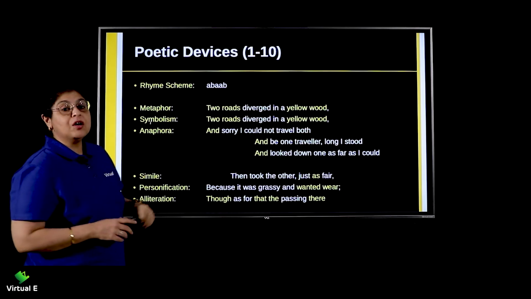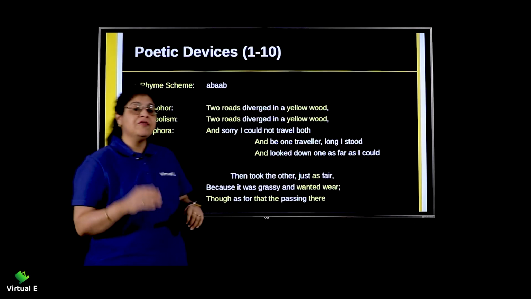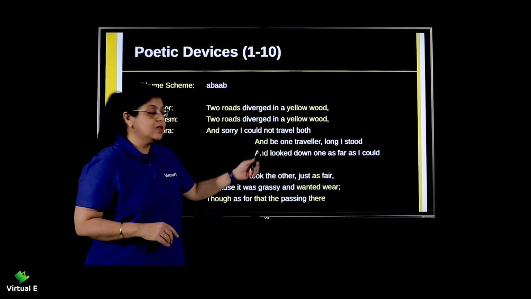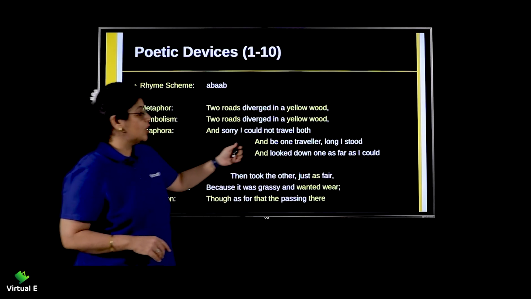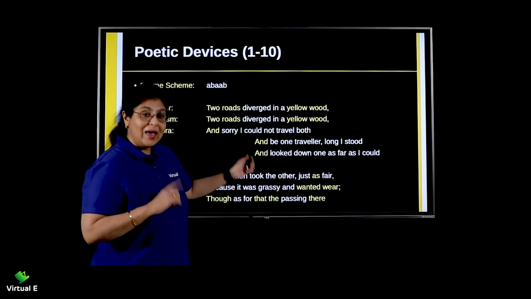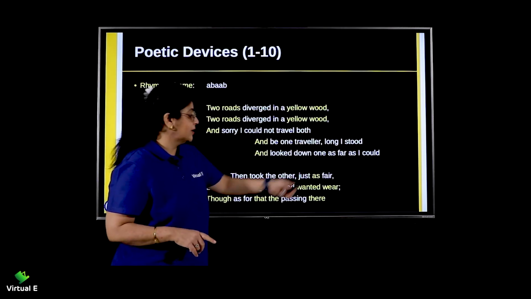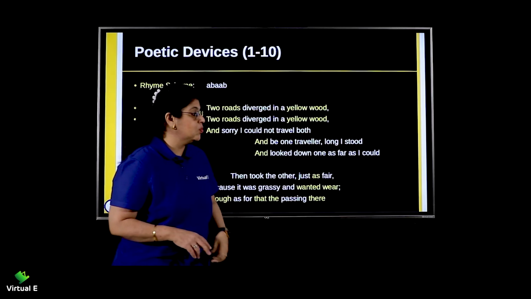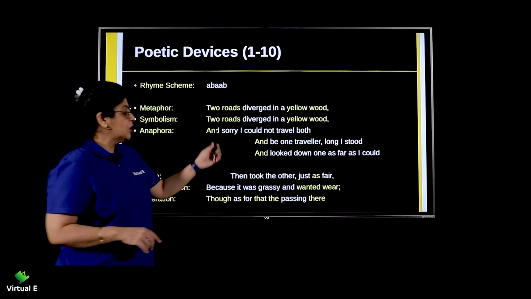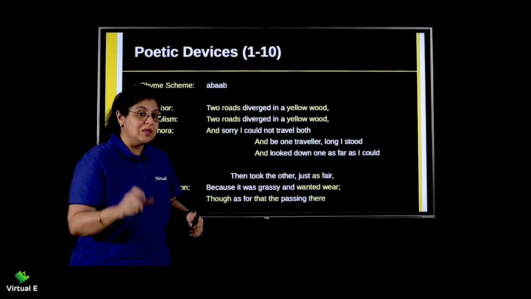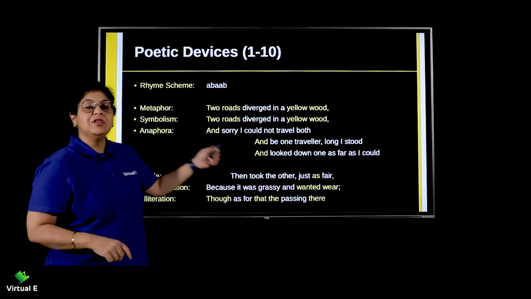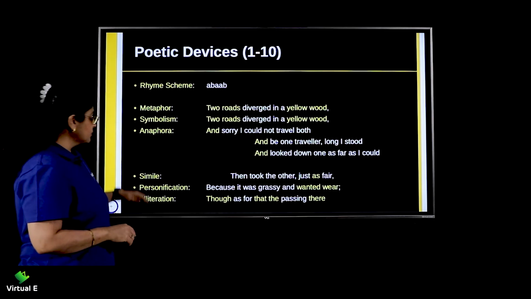Then we spoke of anaphora. You remember anaphora, we said the words in the beginning will be repeated. So, and sorry, I could not travel both, and be one traveler, long I stood, and looked down one as far as I could. So all your lines are using the same word in the beginning of the line. There we are using anaphora.